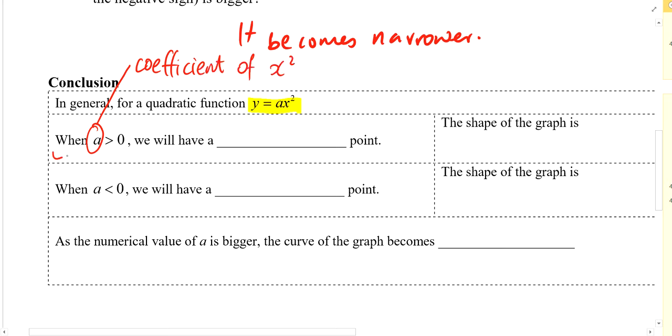This part tells us that when the coefficient of x squared is positive, we will have, what kind of point will we have? Okay, maybe before we answer that, when the coefficient of x squared is positive, do we get a parabola opening up or down? Up. Okay, so the shape of the parabola looks like this. So does it have a minimum or maximum point? According to this shape, what is the point? Is it a minimum or maximum? Minimum.